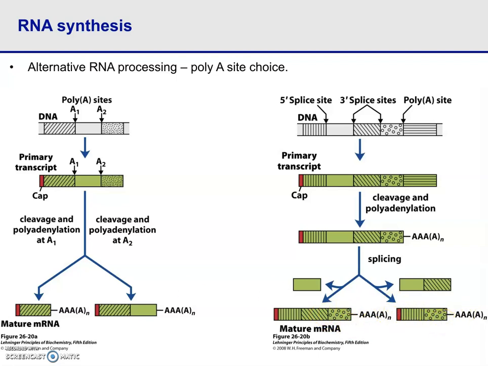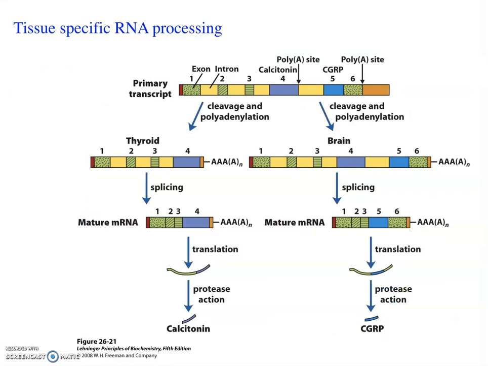Now let's look at this more specific example. There is one calcitonin gene shown here. This is also the primary transcript. The green and the blue areas are exons, with a poly A site, another poly A site, and some introns in yellow.